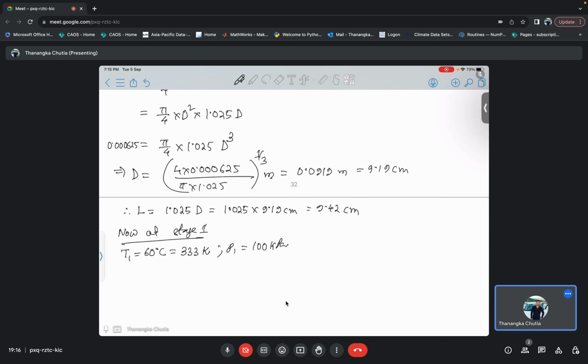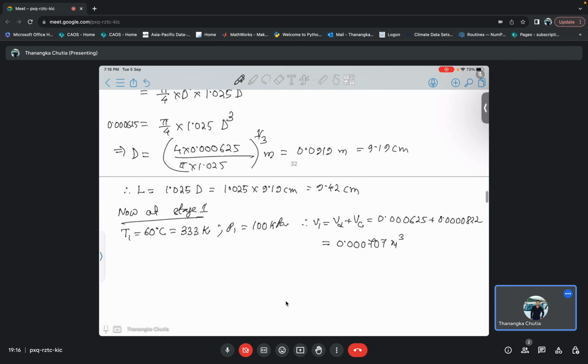And therefore V1 is equal to Vd plus Vc. So this is 0.000625 plus 0.00000822, and which will be equal to 0.000707 meter cube.